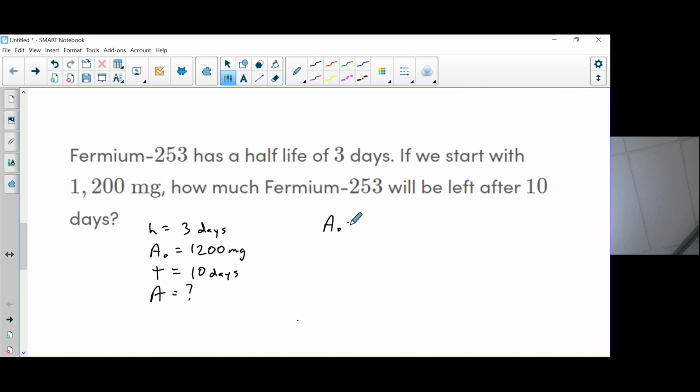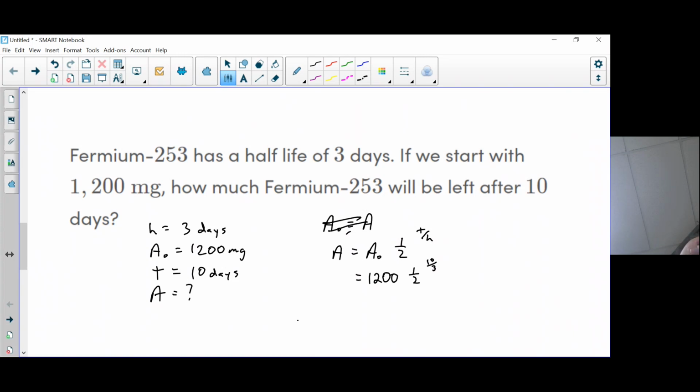So I'm going to write the formula. A equals A0 times 1/2 to the T over H. And I'm going to plug in 1200 times 1/2, and then this is going to be 10 divided by 3.